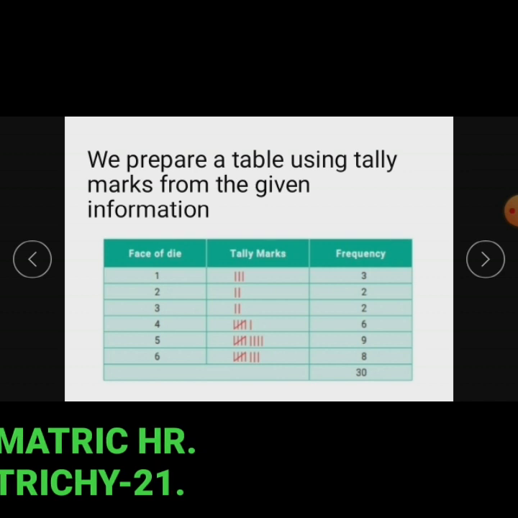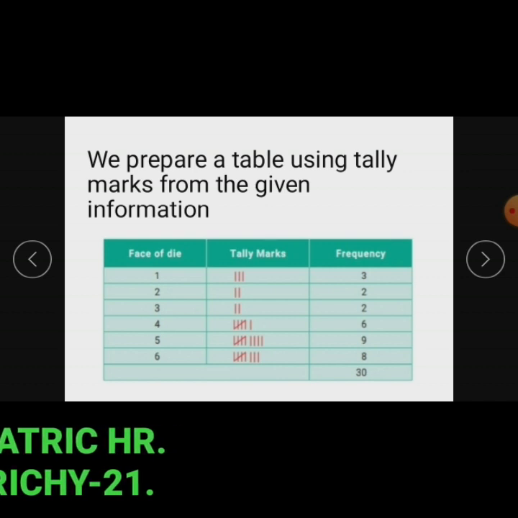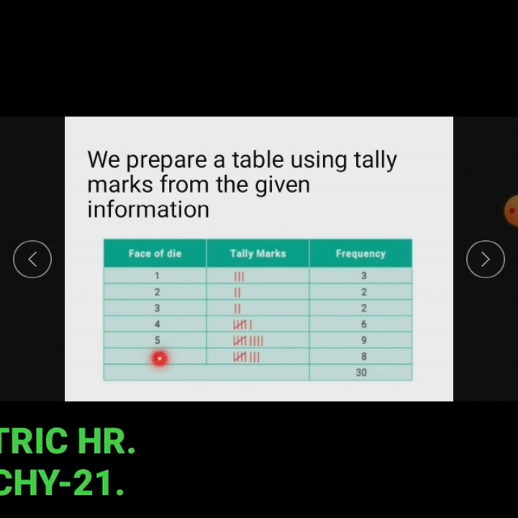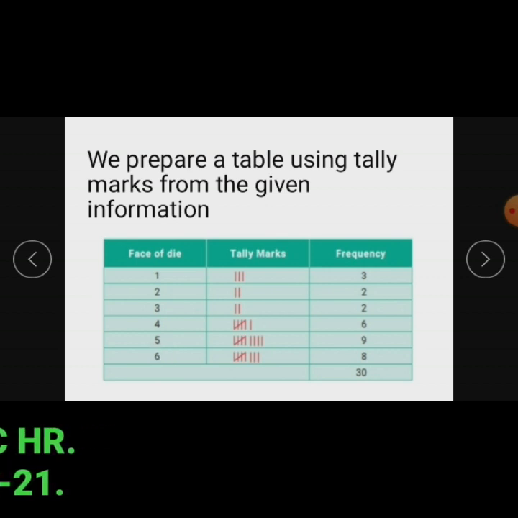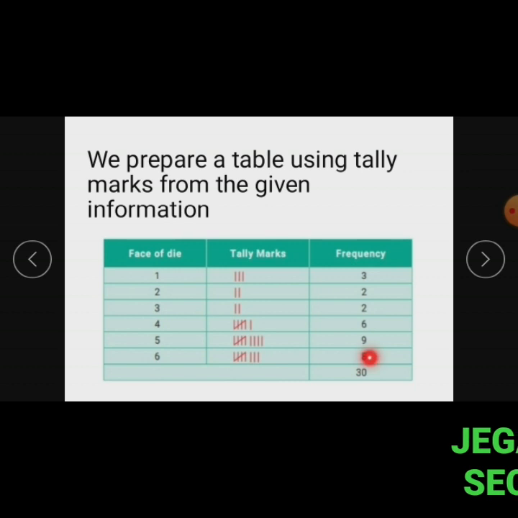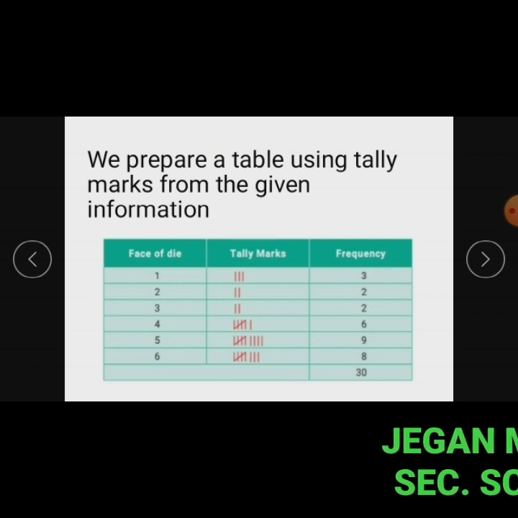Frequency of 4 is 6. The number in the die is 5. The frequency of 5 is 9. Number in die is 6. The frequency of 6 is 8. Total equal to 30.